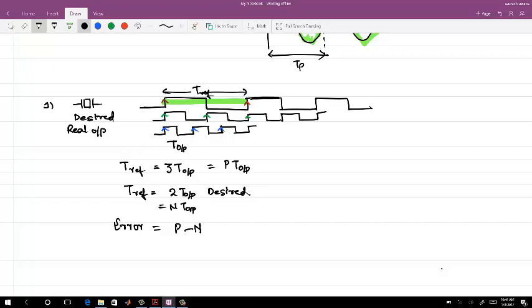If my frequency is more, in order to bring it back to the same frequency, shall I increase the capacitor or decrease the capacitor? Increase the capacitor. So do you think this P minus N is actually a representation of whether your frequency is higher or lower? Everyone agrees with that, right?